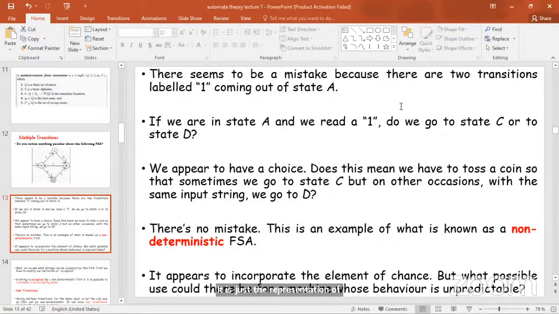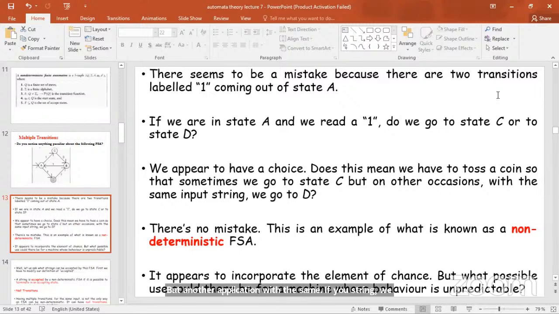So there seemed to be a mistake before, because there seem to be 2 transitions labeled 1 coming out of A. Now, if we are in state A and we read a 1, we go to state C or we go to state D. Now, we appear to have a choice. Does this mean we have to toss a coin so that sometimes we go to C, but on other occasions, with the same input string, we go to D?